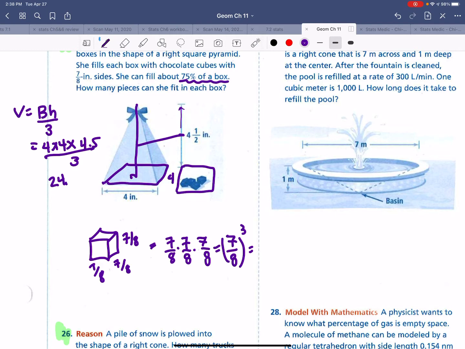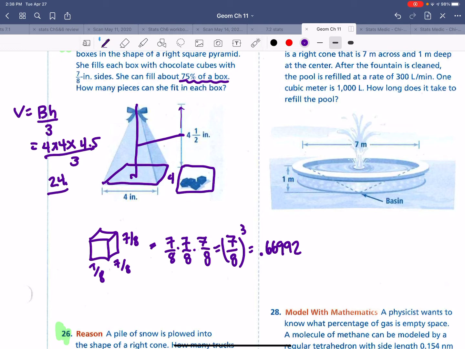And then if I multiply it by itself 3 times in a row, okay, I get 0.66992. Let me just double check that. Yeah, okay.